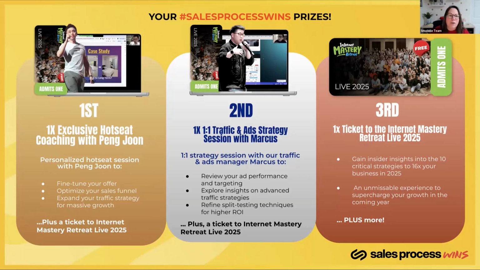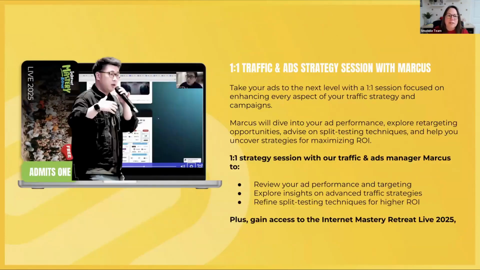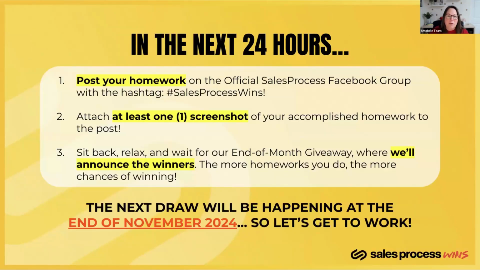We're just going to go over the rules. I won't go into it too much, but the rules of the contest are that you need to post your homework into the Facebook group within 24 hours of the office hour call. Okay. So you'll notice here that it says you have to have 1 screenshot, and every office hours host will tell you what they require for the homework.